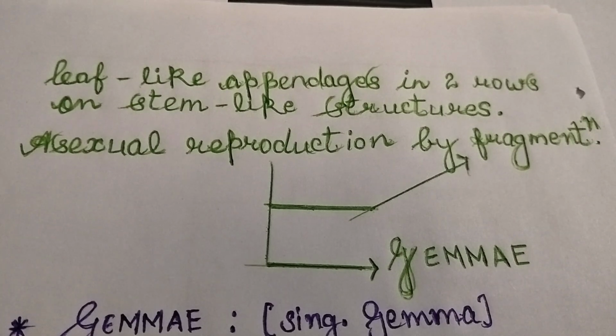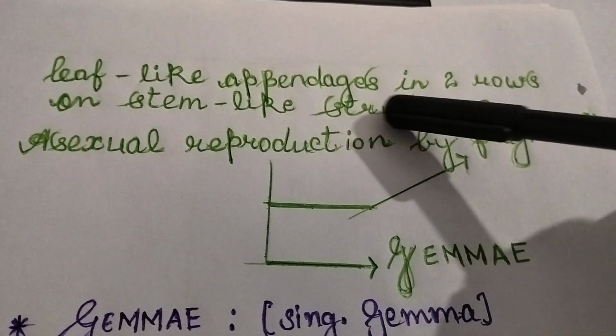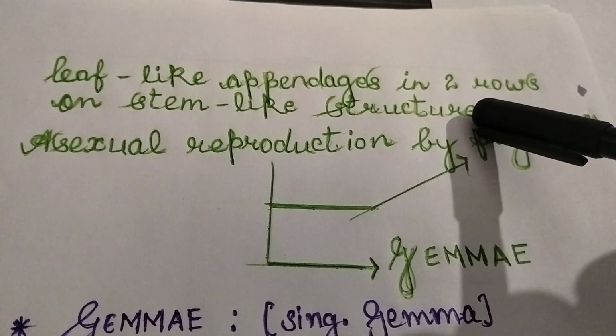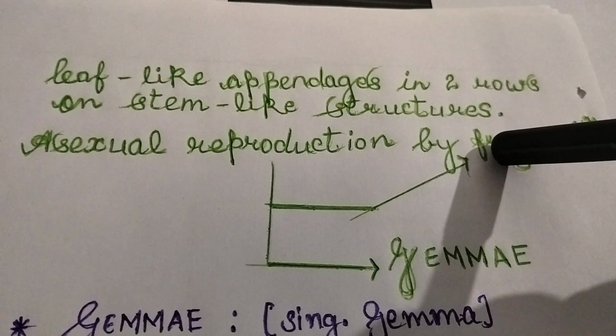So in the leafy members of liverworts, what happens? Tiny leaf-like appendages are present in two rows on stem-like structures.